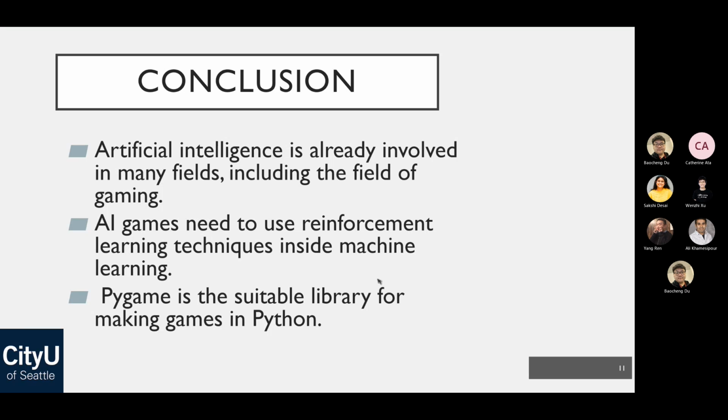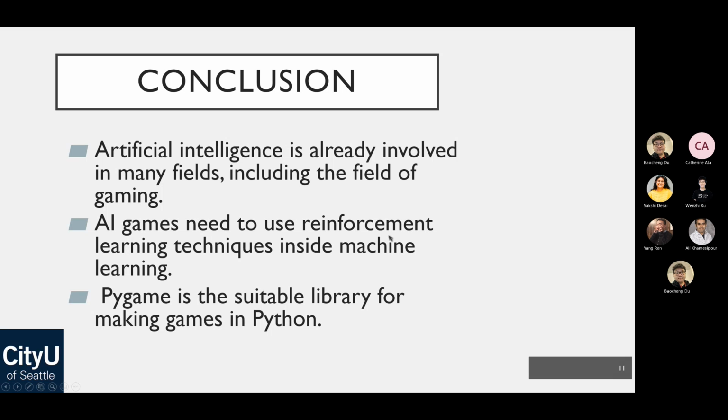And then AI games need to use the reinforcement learning technique inside machine learning, and the relationship between agent, action, environment, reward, and states needs to be used very wisely. And then Pygame is a suitable library for making games in Python. It can be used to make some mini games.